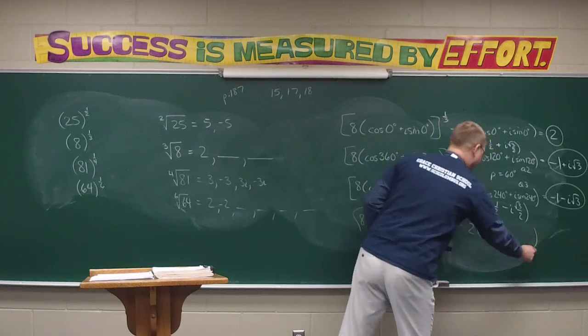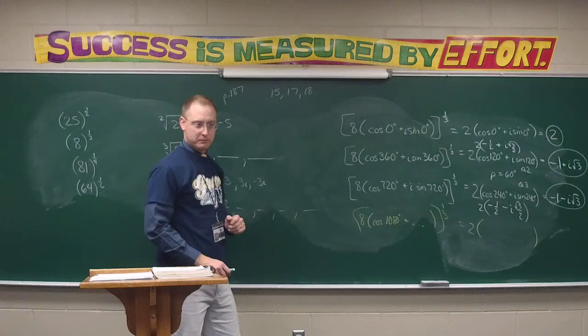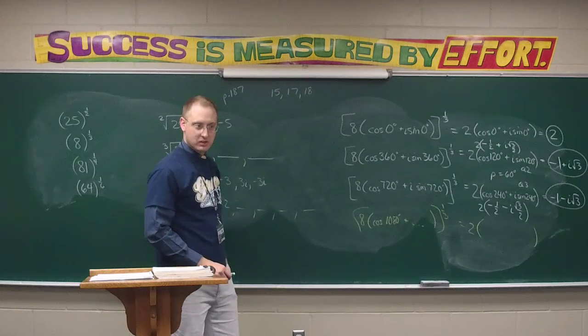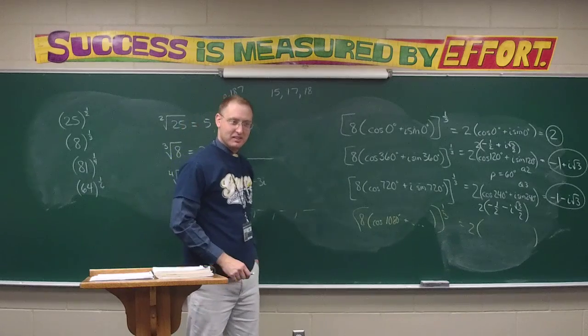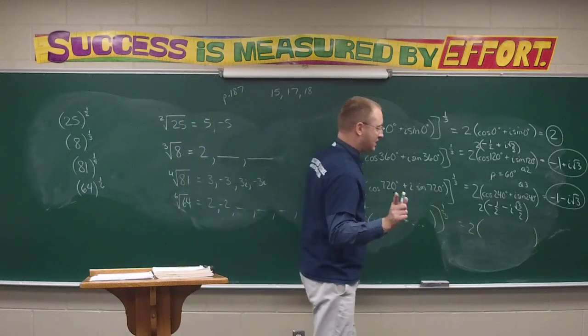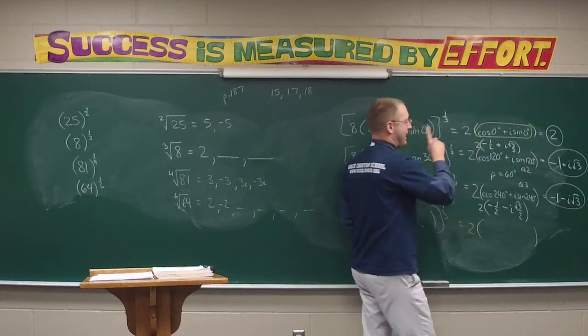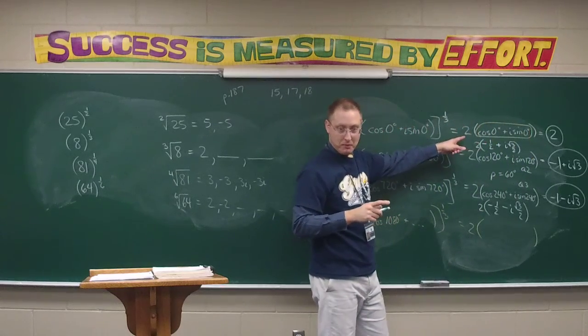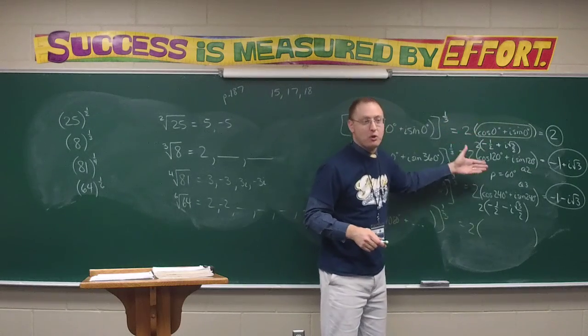I'm going to prove him wrong. And you multiply 1080 times a third. What does that give you? 360, which is coterminal with 0. And it'll go right back where you were before. And so if you kept going, you keep getting these same 3 answers over and over and over again.